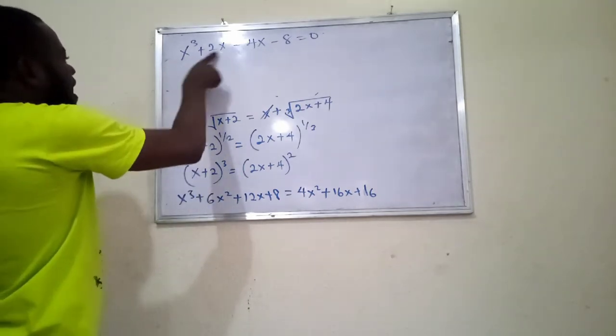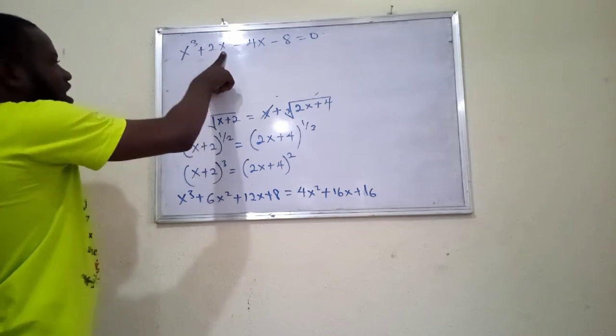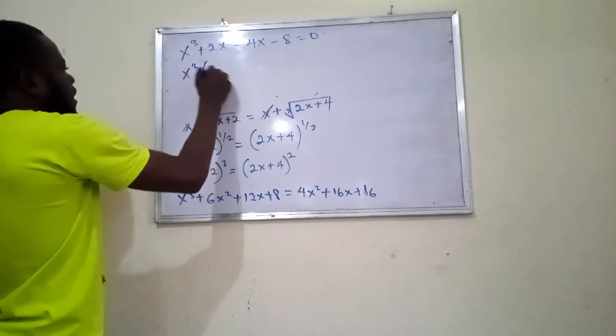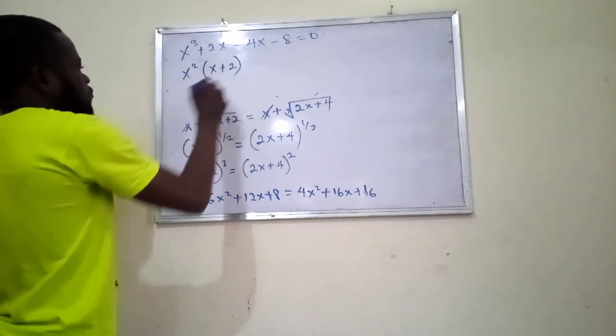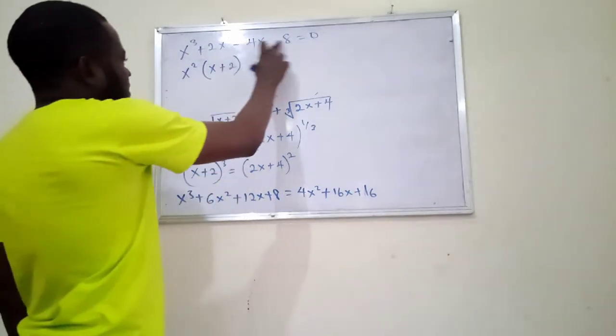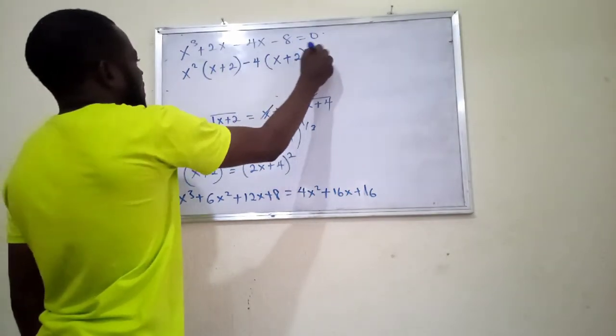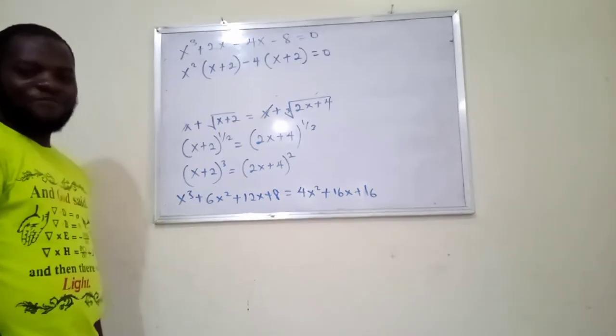Now I can factorize this because I have x cubed here and x squared here. So I can bring out x squared and I'm going to have x plus 2. And if you look at these two, I have minus 4 in common, so I have x plus 2 left, equals 0.